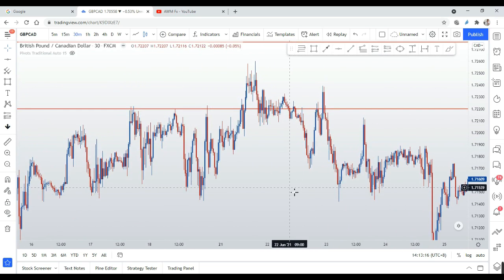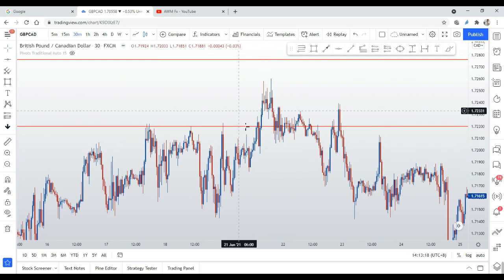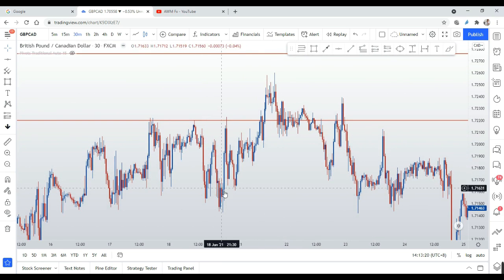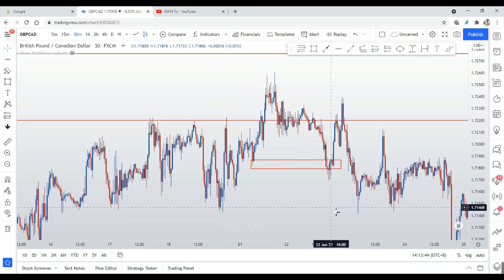Once the price enters your zone, you see that it's making a higher high, but the momentum is getting slower and slower. Then suddenly the price breaks your low, but does not touch the initial move that pushed the price to the upside.